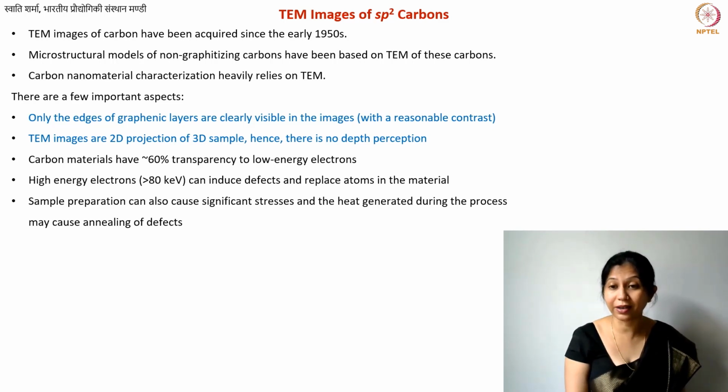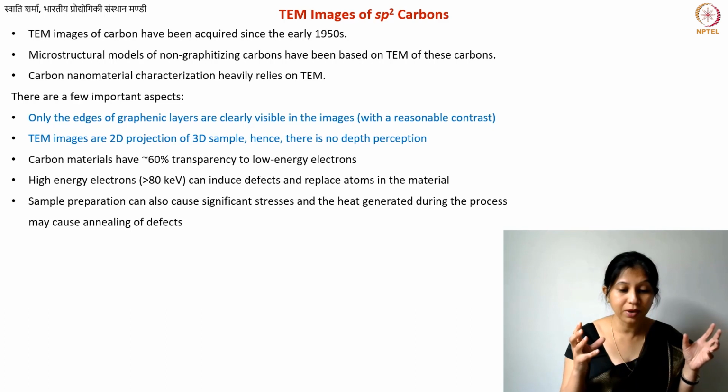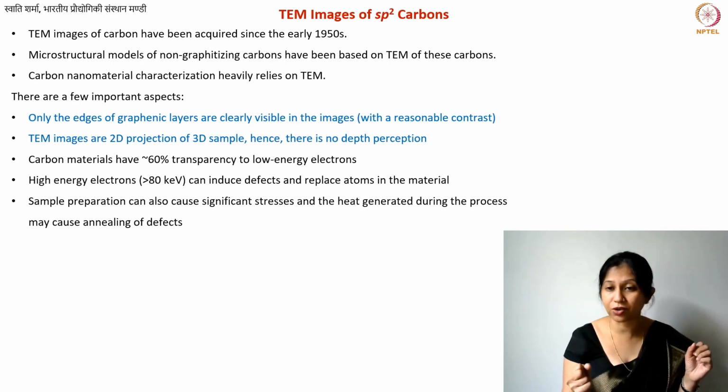But our materials are temperature sensitive. You know that. All we are trying to understand about these materials, especially pyrolytic carbon, is what is the influence of temperature on the microstructure. And if you induce high temperatures during your sample preparation, in addition to the mechanical stresses, you may end up changing the microstructure of your material.